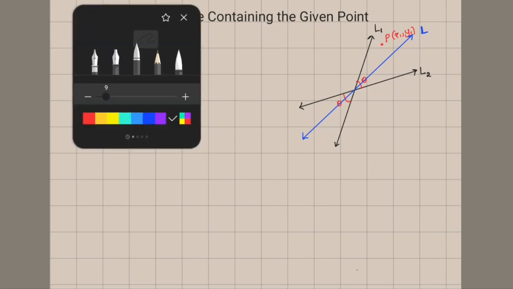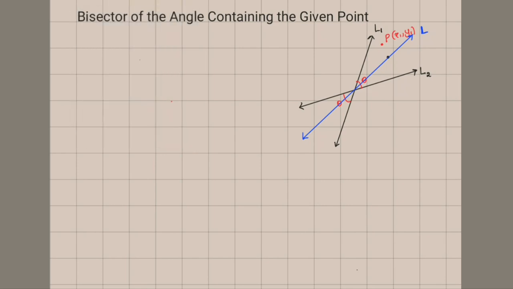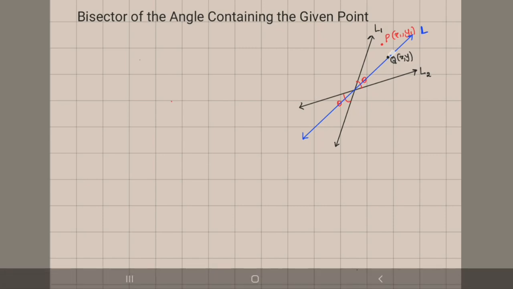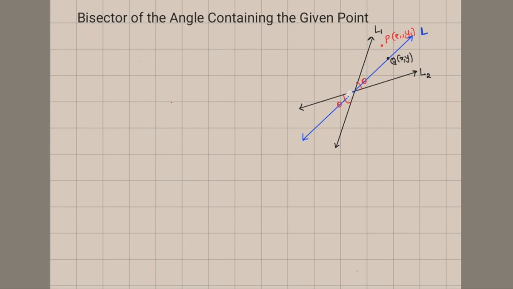Take some random point Q, which is x comma y, that lies on the line L. So this point Q is a variable point which represents the bisector L. Now this Q can lie anywhere. This Q can lie even here or above this intersection.